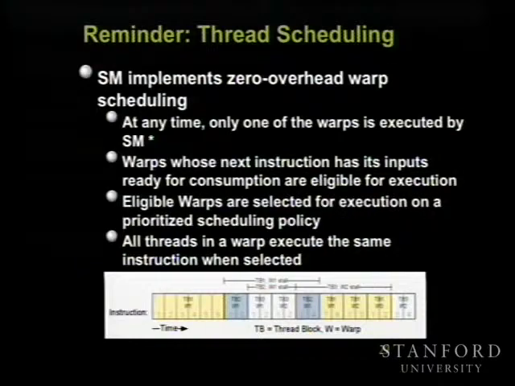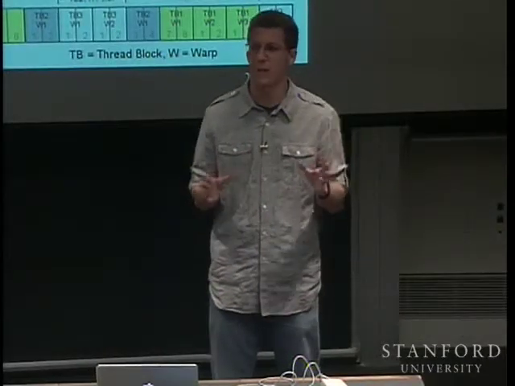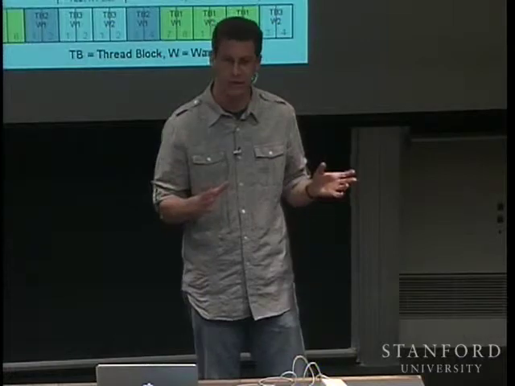So with that, we get into occupancy, which is a tricky issue, which also has come up in MP2, especially with shared memory. Here is a very quick reminder why we care about occupancy. I've pointed this out in previous lectures. Each streaming multiprocessor can have up to 1,024 threads active.